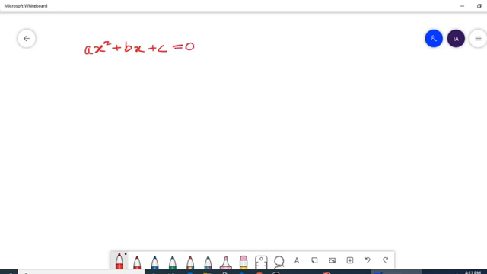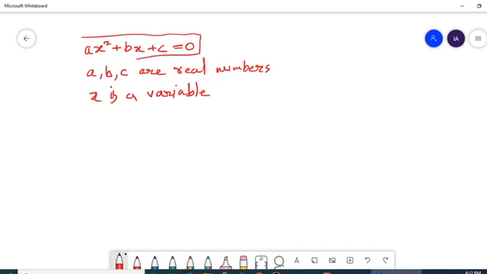This is the standard and general form of quadratic equation where a, b, c are real numbers and x is variable. So any equation which is in this form can be considered as quadratic equation.